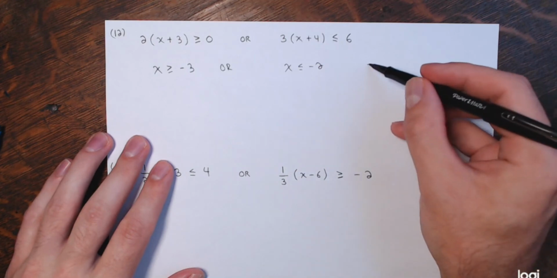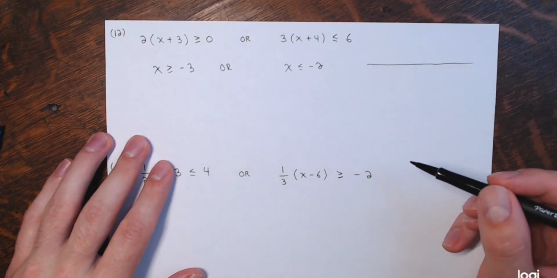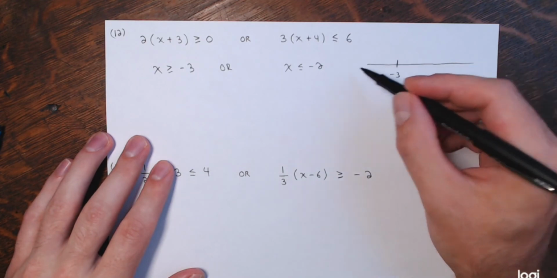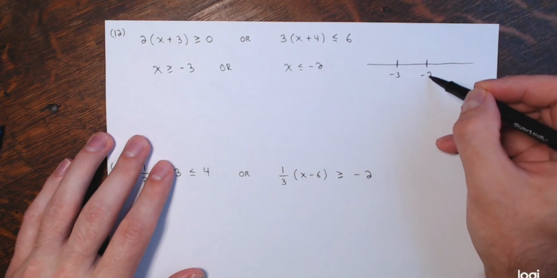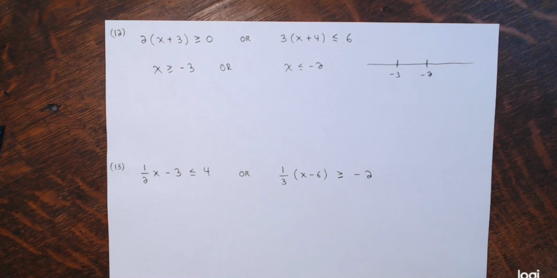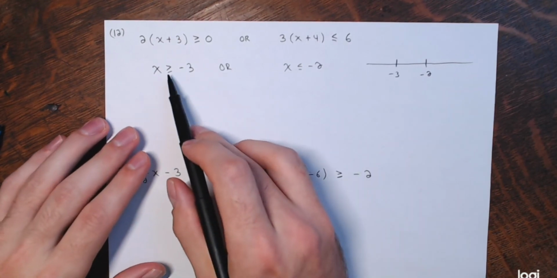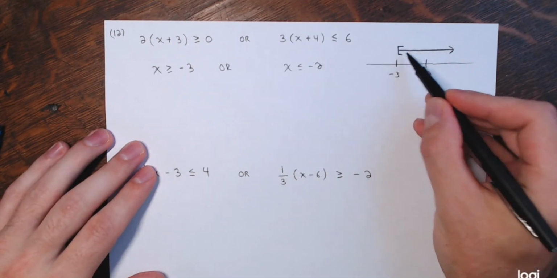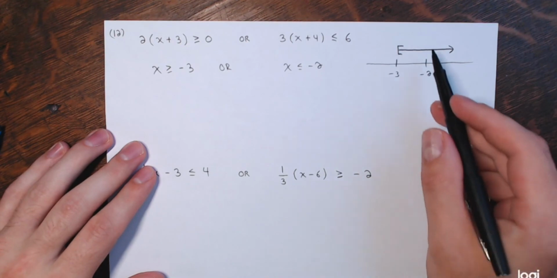And again, I'll draw a rough graph over here. Now the numbers mentioned are negative 3 and negative 2. Sure, they're different, but watch these graphs. X is greater than or equal to negative 3. That's these numbers on top there.